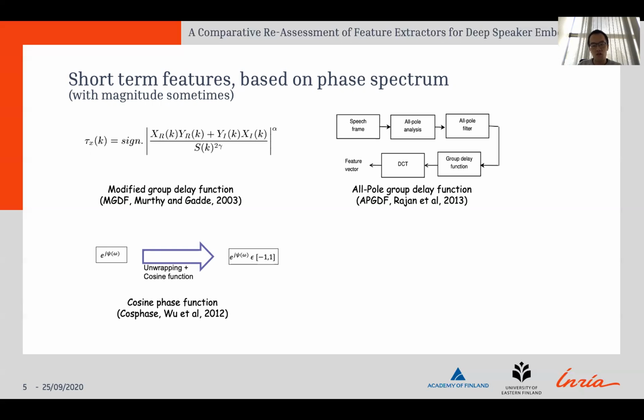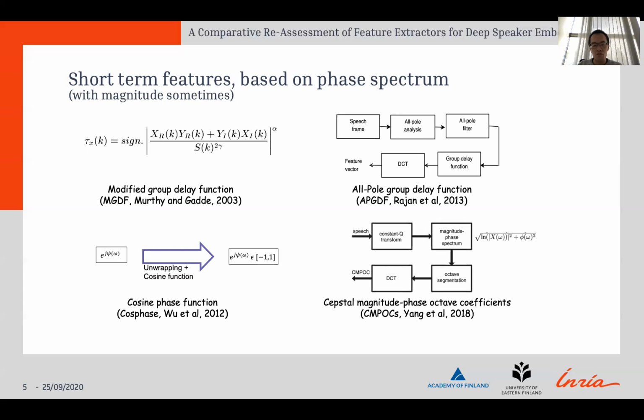Cosine phase, or cosphase, where we apply a cosine function on the unwrapped phase spectrum, and constant Q magnitude phase octave coefficient, or CMPOC, where we combine magnitude and phase in the way shown in this formula, and perform octave segmentation, followed by a DCT to get the coefficients.